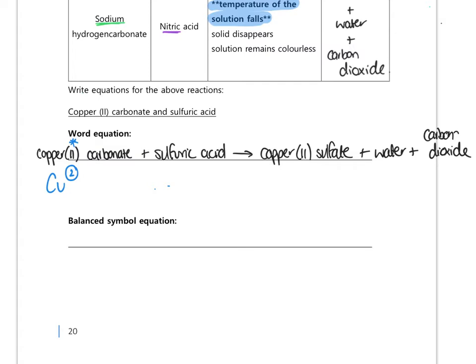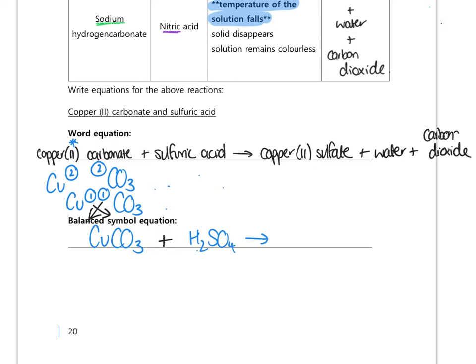Carbonate, as we discussed in the previous page, is CO3 with a valency of 2. If you can't remember that, look to the back of your periodic table. Look at my ratio of my valencies. They're 2 to 2, so I can cancel that down to 1 to 1. Then when I swap and drop my 1s, I'm going to ignore them, so I can just write my formula as CuCO3. Sulfuric acid is H2SO4.